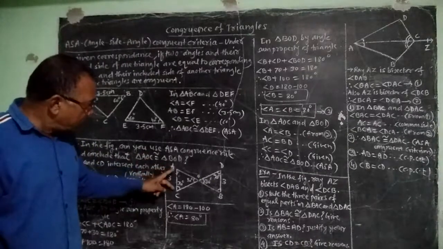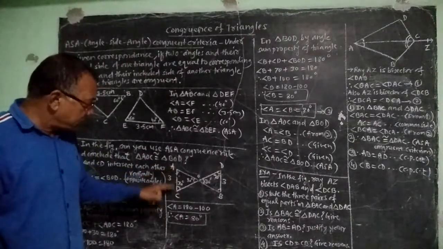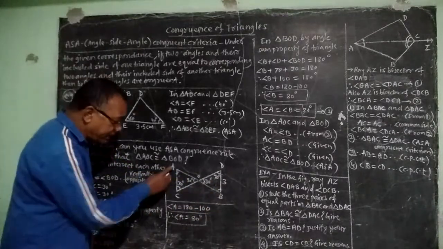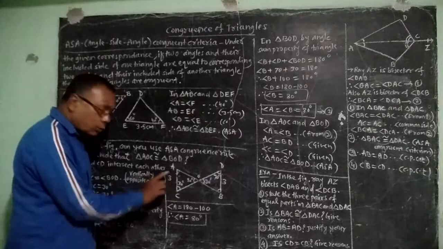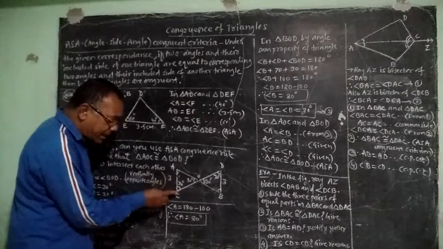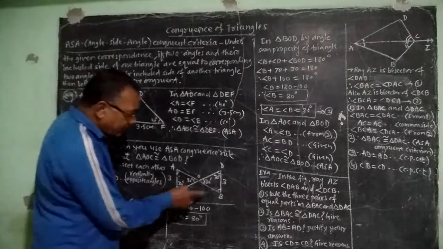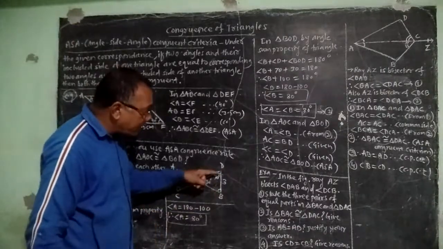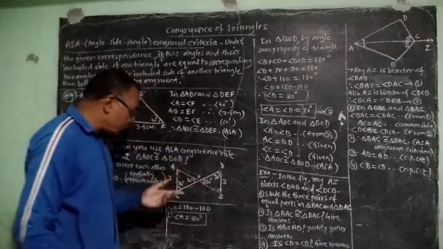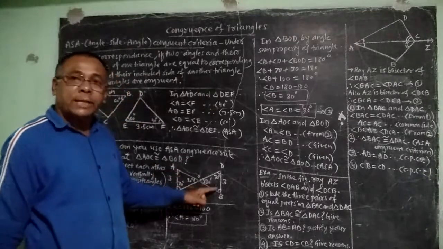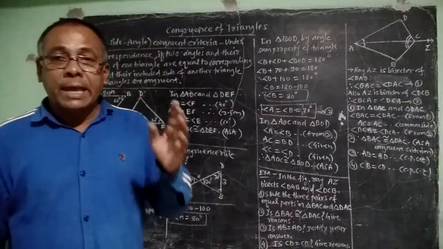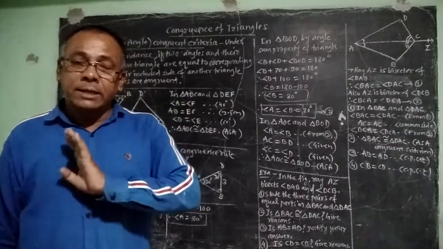We know the sides AC and BD are given, and side AC is included by angle A and angle C, and side BD is included by angle D and angle B. But we know the measure of angle A as well as angle B, so we have to find the measure of angle B and angle D.